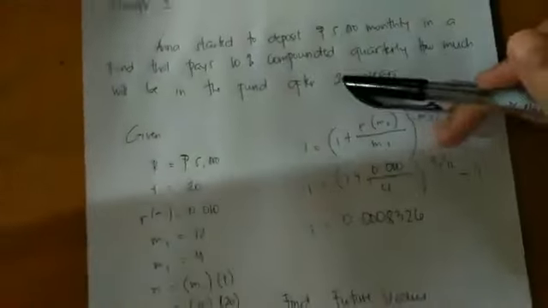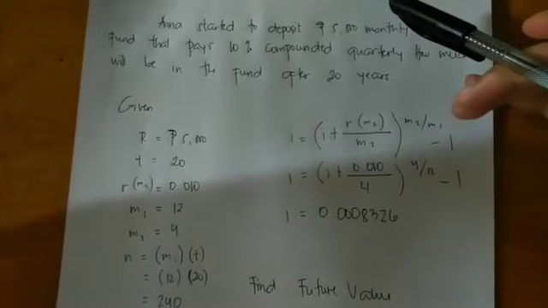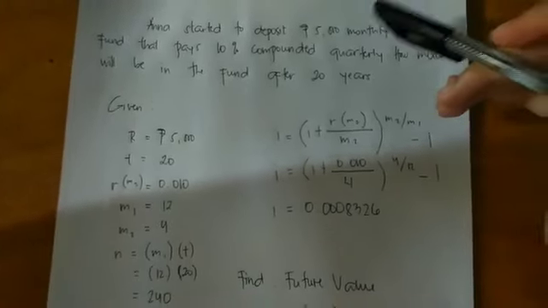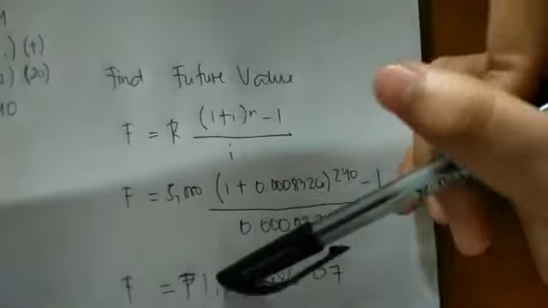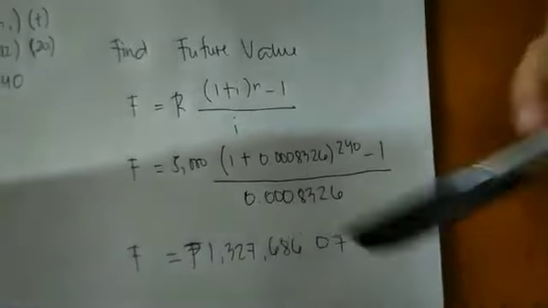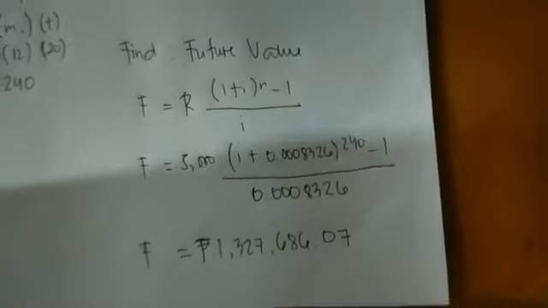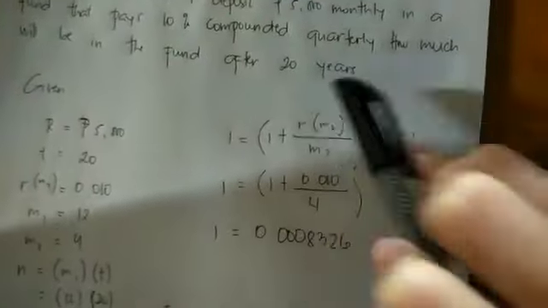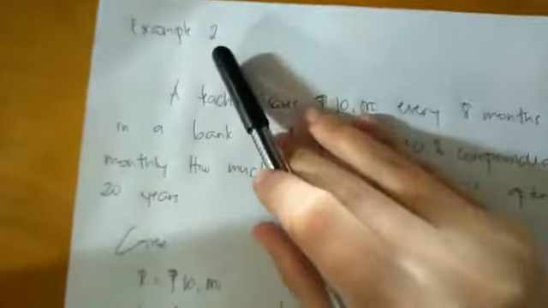So Anna will have 1,327,687.07 after 20 years.